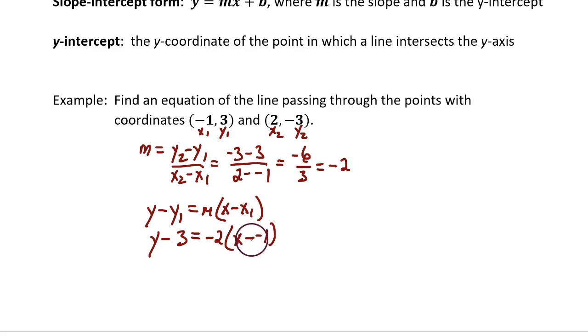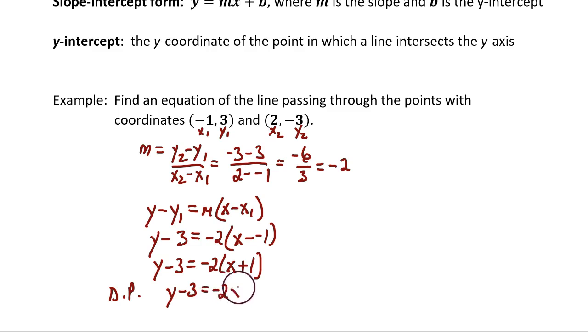First step, let's fix this subtract and negative sign, which are side by side. That can be written as a plus sign. Next step, the distributive property. On the right side of the equals, negative 2 times x is negative 2x, and negative 2 times positive 1 is negative 2.